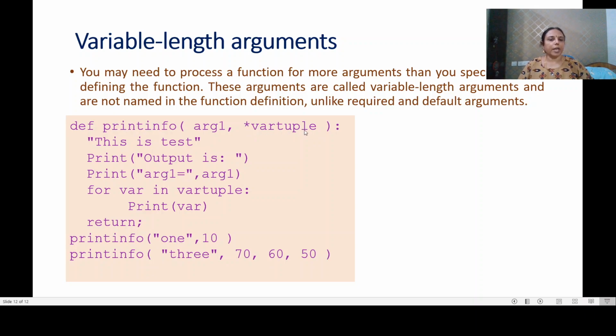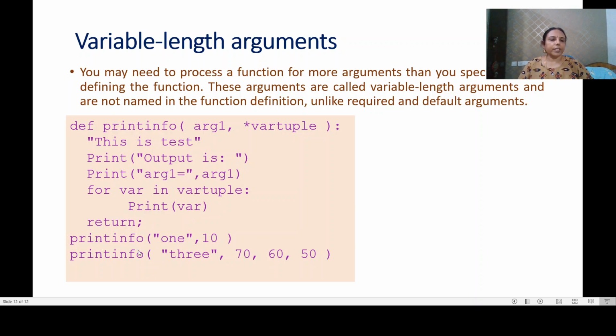Here we have used star variable tuple. Then colon. So this is a docstring, and print. Sorry, this should be a small p. Print output is. Then you have arg1 is equal to arg1, and for variable in variable tuple. So this may have any number of variables. Whatever variables we have, we print each variable and return.